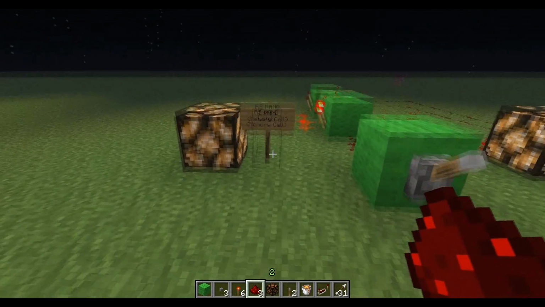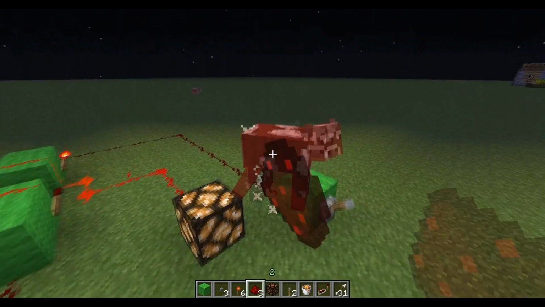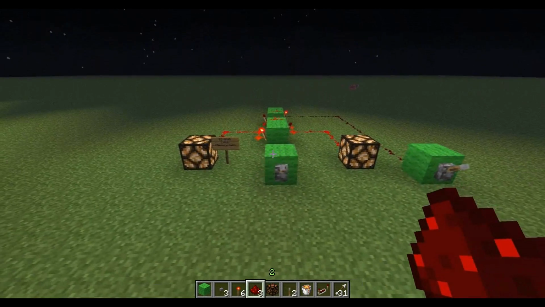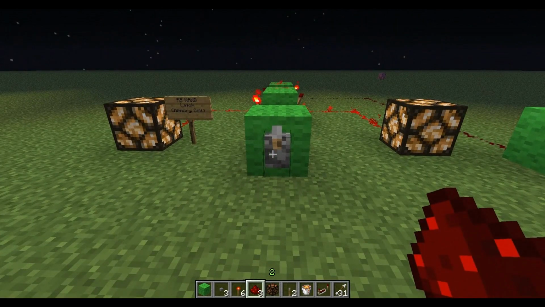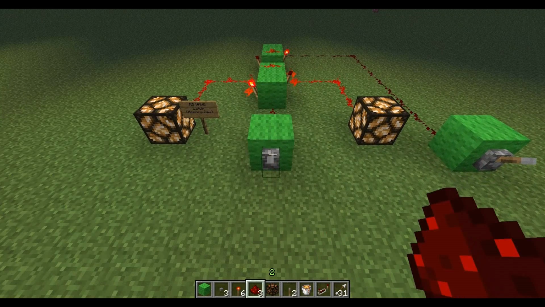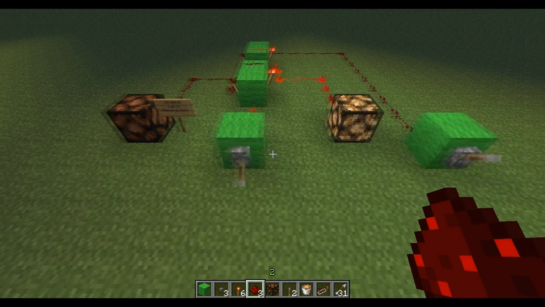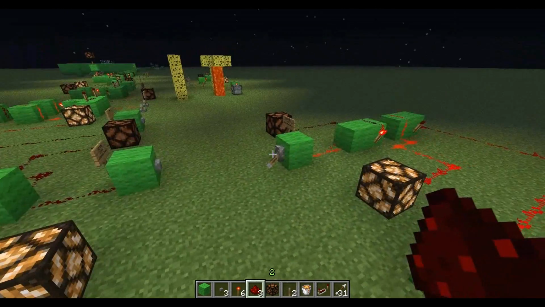Here is an RS NOR latch. No, it's an RS NAND latch. There we are. Memory cell. This is a bit more peculiar. I've never used one. So here, this is one input. Therefore, it's inverted on that side. Then you do this one. It doesn't do anything because this state's already on.